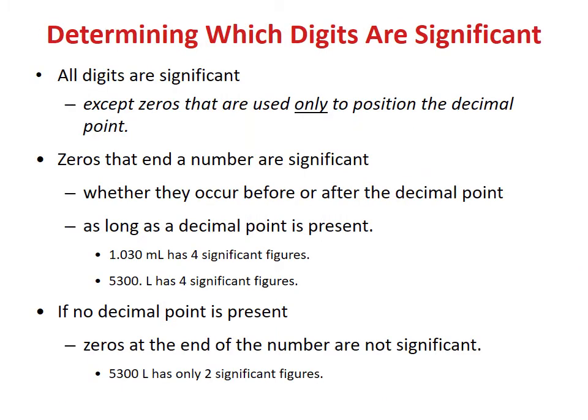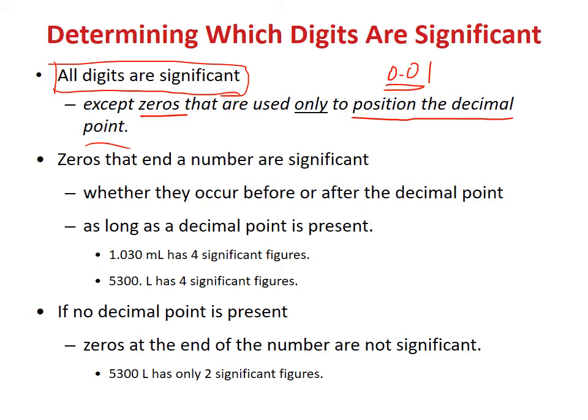Here are some rules to determine which digits are significant. First, all nonzero digits are significant. The exception is zeros that are used only to position decimal points. For example, 0.01. These zeros are used to position the decimal point. They are not significant figures.